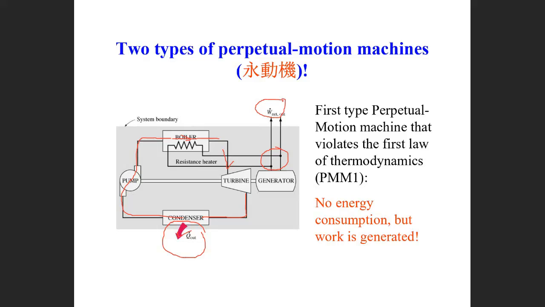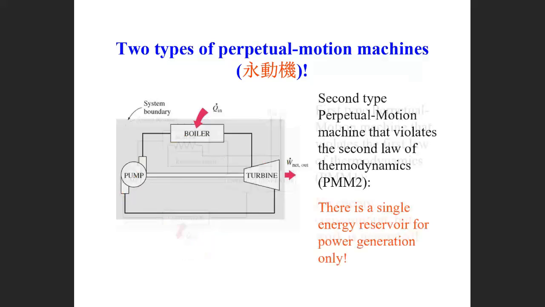You just think we use the generated electricity to produce heat again, then make this machine operate forever, providing electricity without any input. So it's impossible. The first type of perpetual motion machine is impossible.